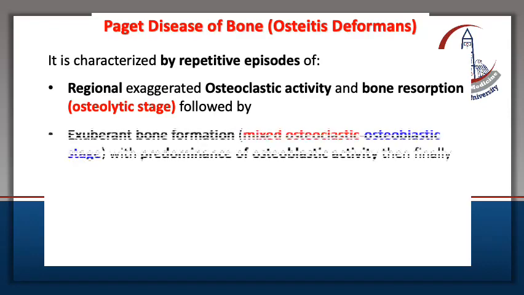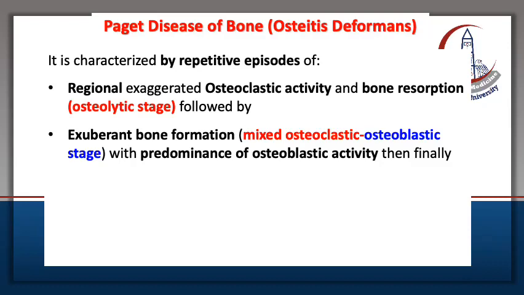This will stimulate the osteoblast to build up the bone. The most important stimulator of osteoblast activity is increased osteoclastic resorption.